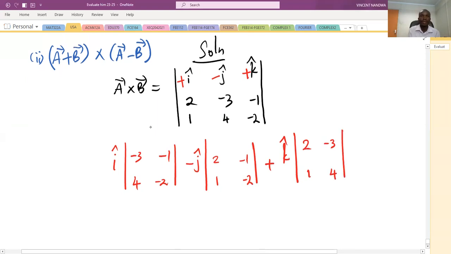And these are easy determinants to evaluate because they're just 2 by 2 matrices. So A cross B will be: minus 3 times minus 2 is 6, 6 minus minus 4 gives us 10i.